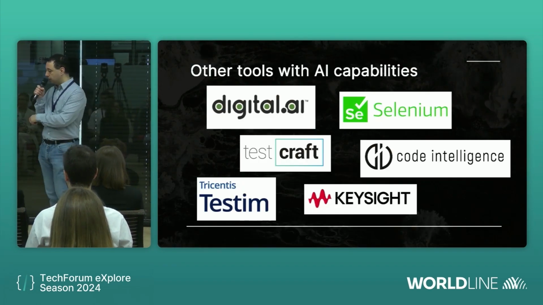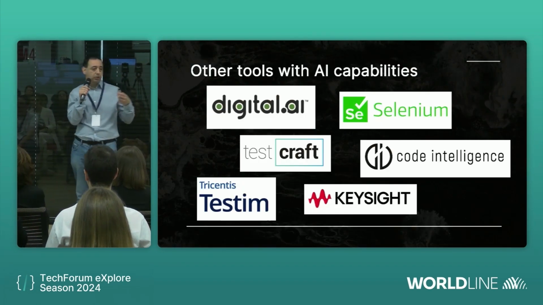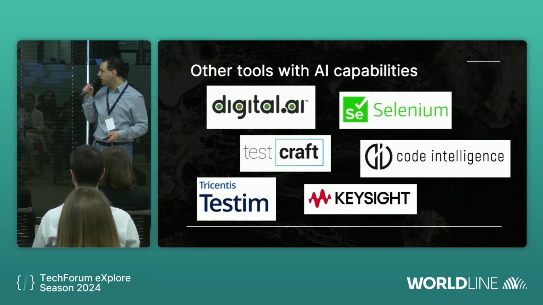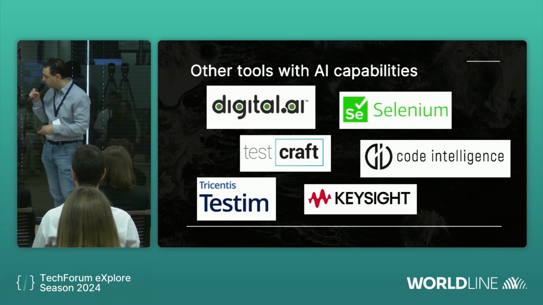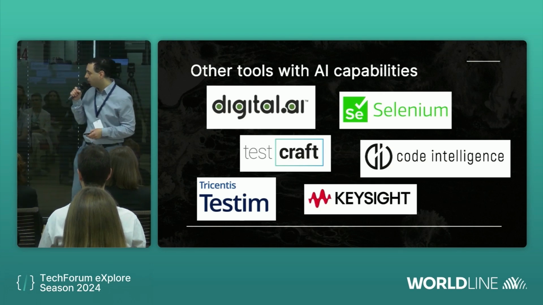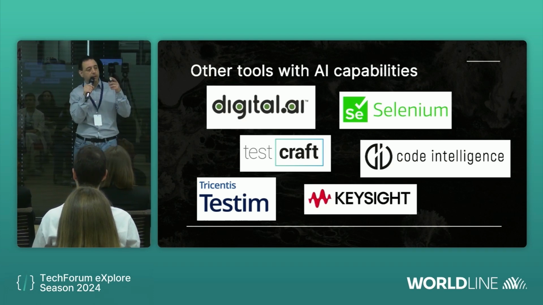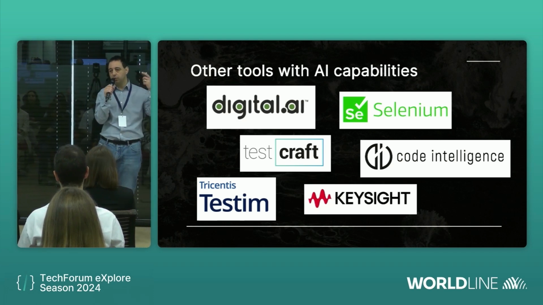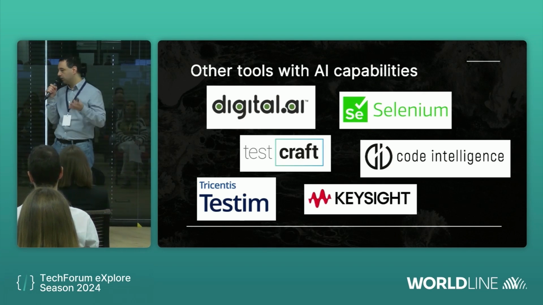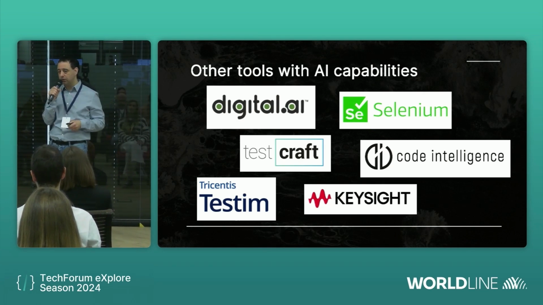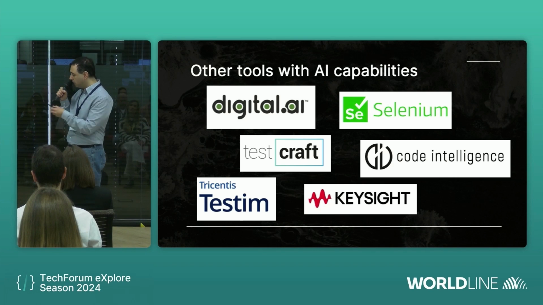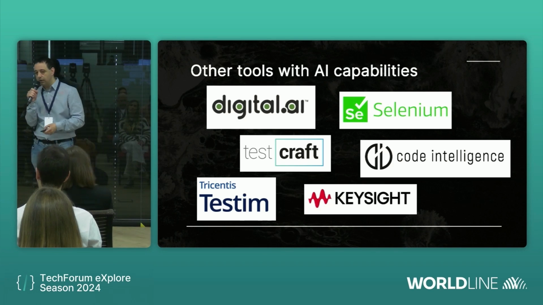There are other tools. The ones I've discussed are some of the tools that you can find nowadays. These are some of all the other tools. Of these, I had some previous experience with testing some time ago, and it managed to find the elements pretty well, and it managed to auto-heal itself. So it's similar to the first ones I've been talking about. Selenium, I know, probably you're familiar with it.